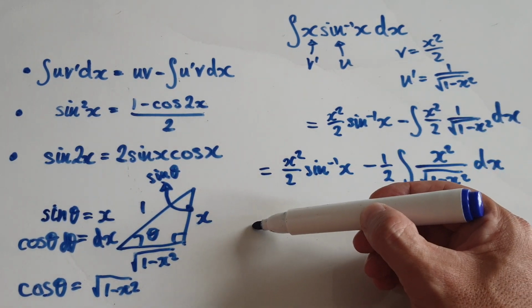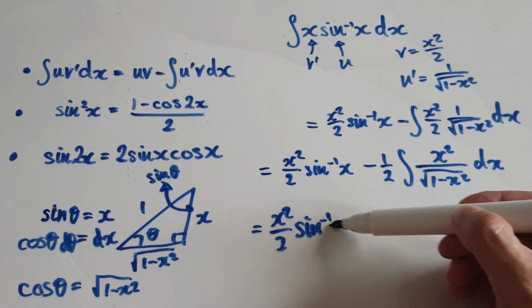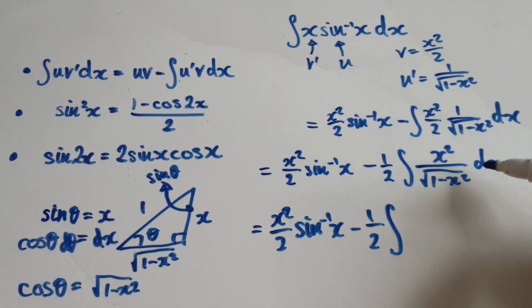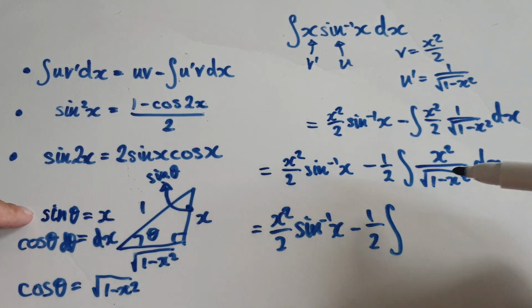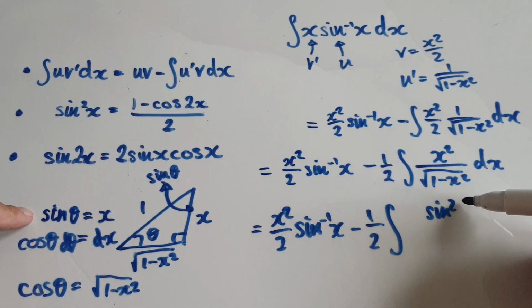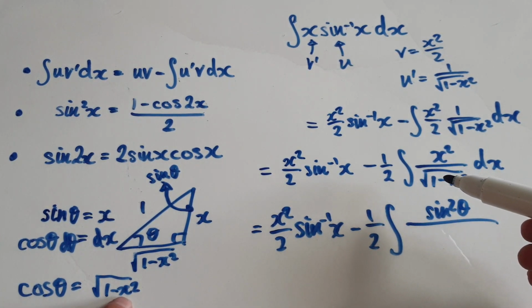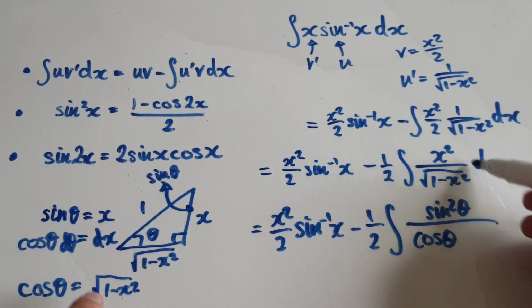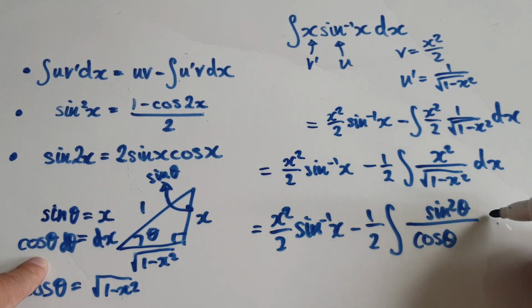Let me carry this thing down: x squared over 2 inverse sine of x minus 1 over 2. Now we can substitute x squared. If you look at this, x is sine theta, so squaring both sides that would be sine squared theta, over that square root thing, which is cos theta, and that dx is cos theta d theta.